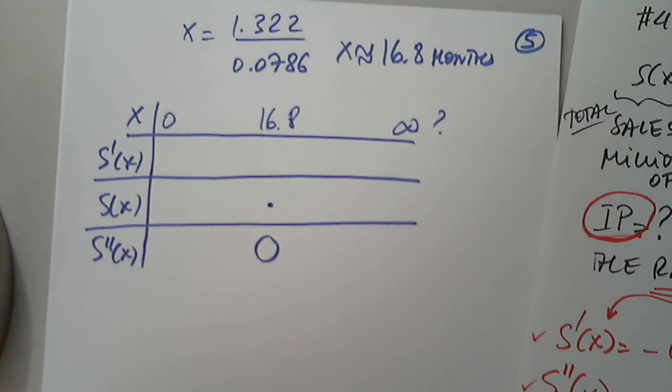Okay, then plus 0.661 x squared, and then minus 2.021x, and then plus 6.865. And then second in table, and I need 16.8. And that's the sales in millions of units.